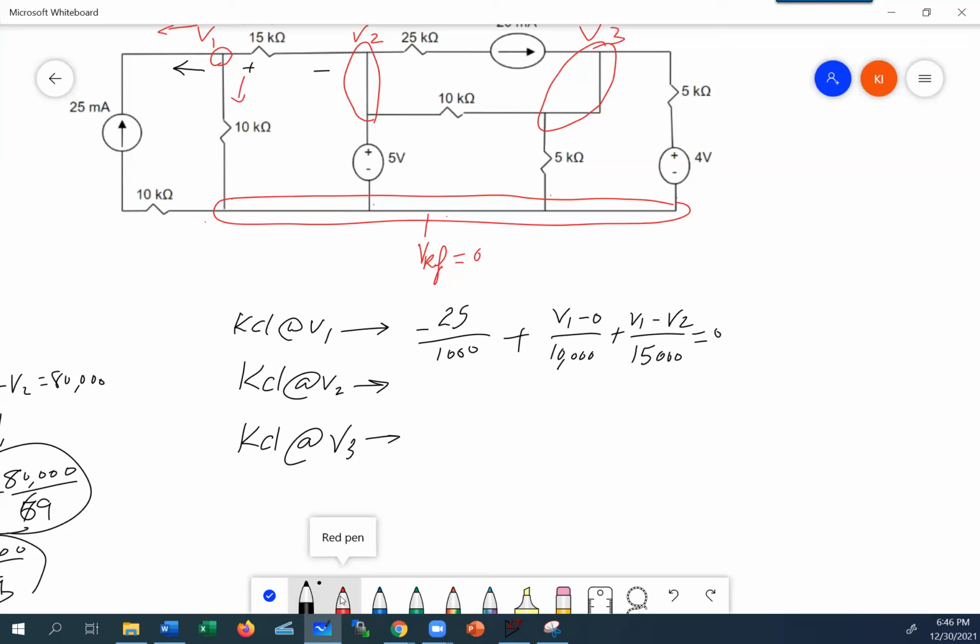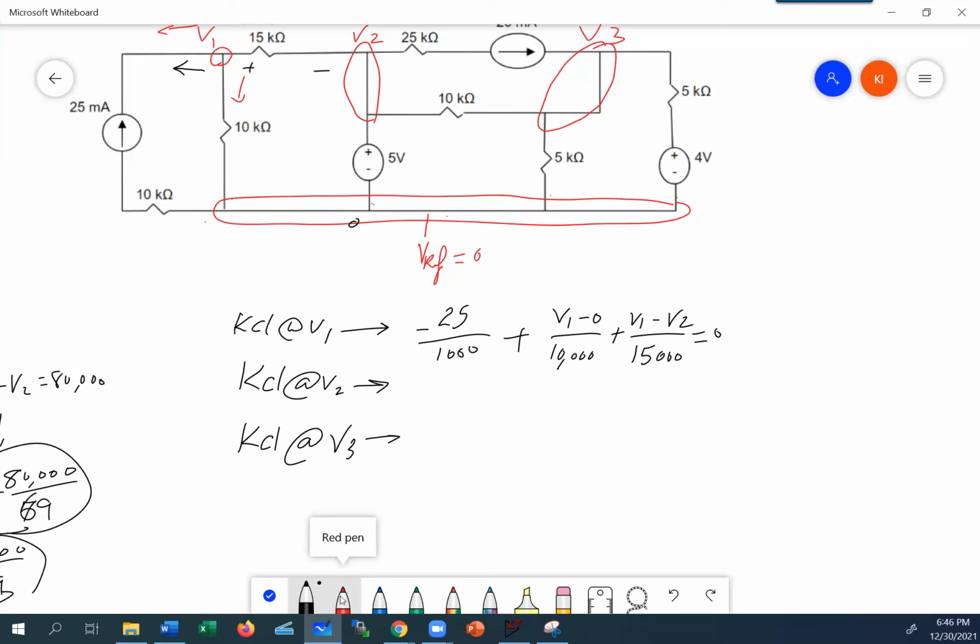And then now I'm going to go to node V2 and take a look at that one. That gets a little bit more interesting, and I want you to pay attention, because the goal for this whole circuit is for us to find V1, V2, and V3, but you already know this voltage is 0.